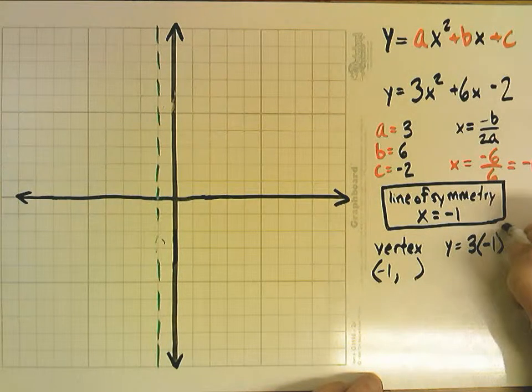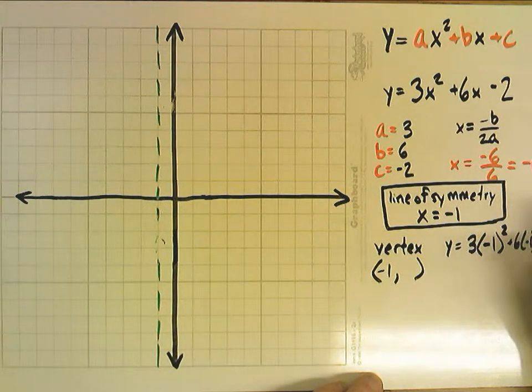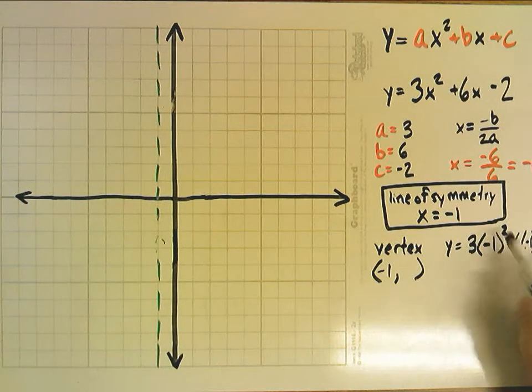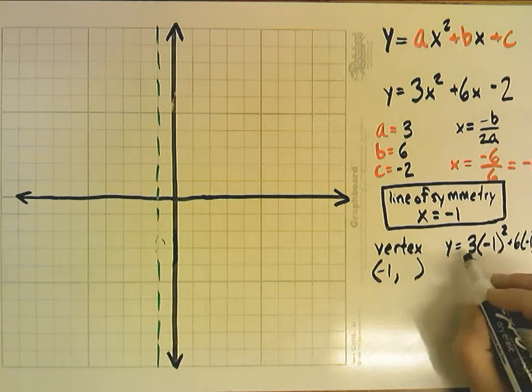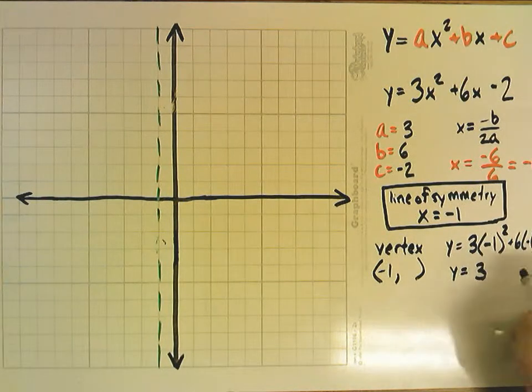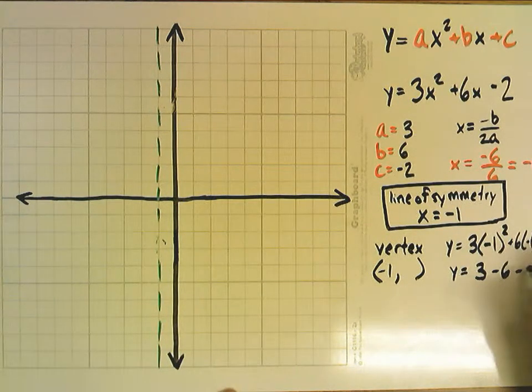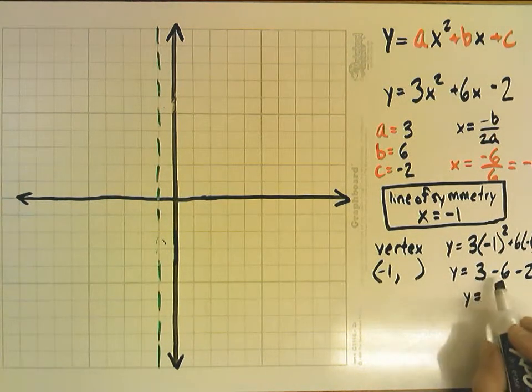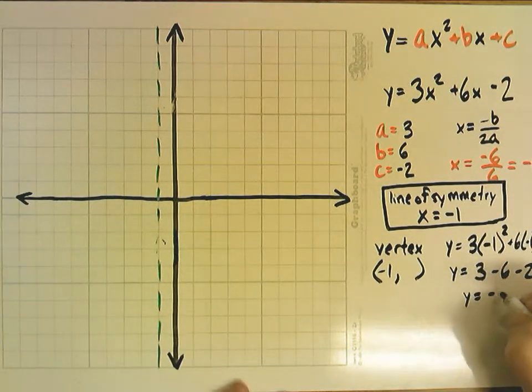Make sure to put parentheses when you're plugging in. We have -1 squared, which is just 1, times 3 is 3. Then 6 times -1 is -6, and then -2. If we finish our math, we have y equals -3 minus 2, which is -5.